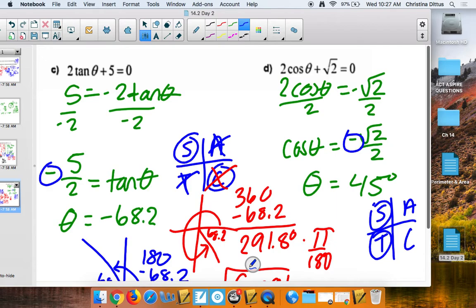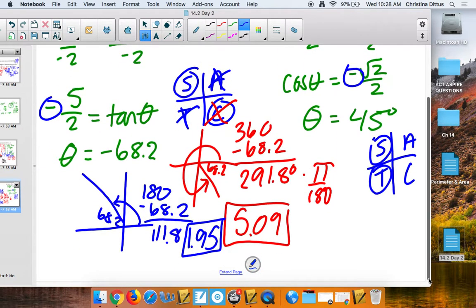Okay. So then we go on to draw our little pictures. And if I'm in quadrant 2, let's do 2 first. And this angle is 45. What's the other angle? The whole angle. 135. If I put that into radians, I get 3 pi over 4.